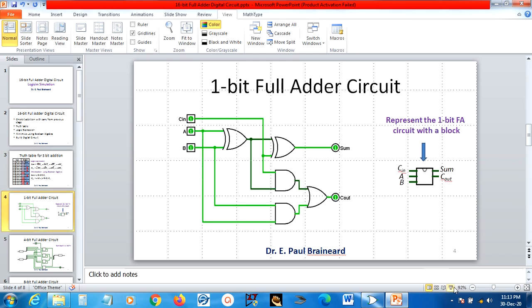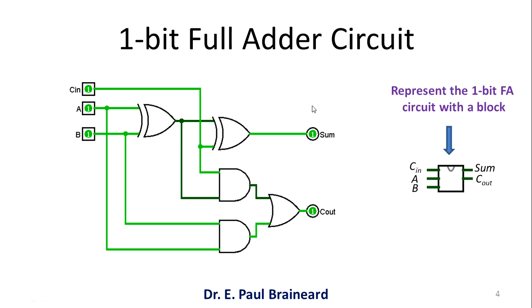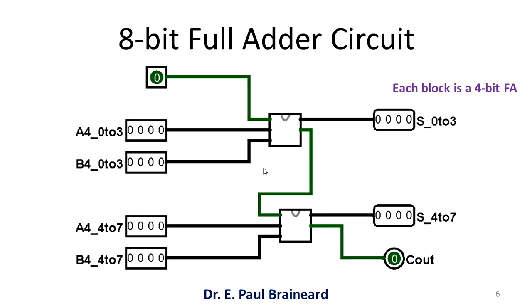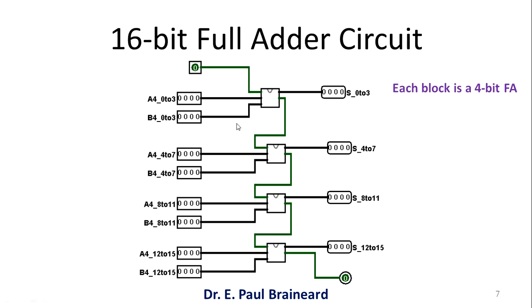So go from 1-bit full adder circuit, then from there make each block 4-bit full adder circuit, then use two 4-bit full adder circuits to make 8-bit full adder circuit, use 4 4-bit full adder circuits to get 16-bit full adder circuit, or two 8-bit full adder circuits to get 16-bit full adder circuit. Thank you.